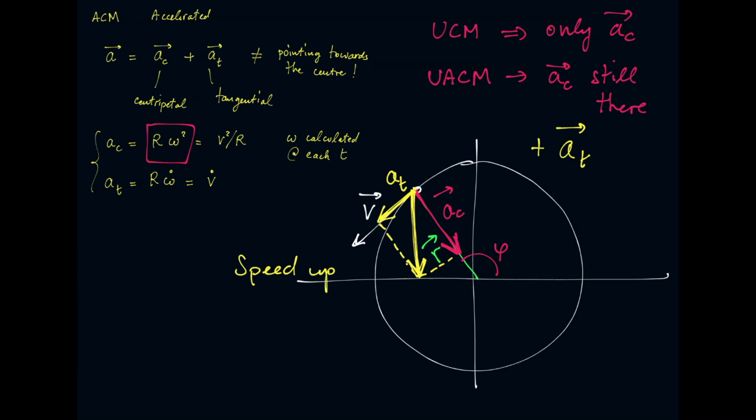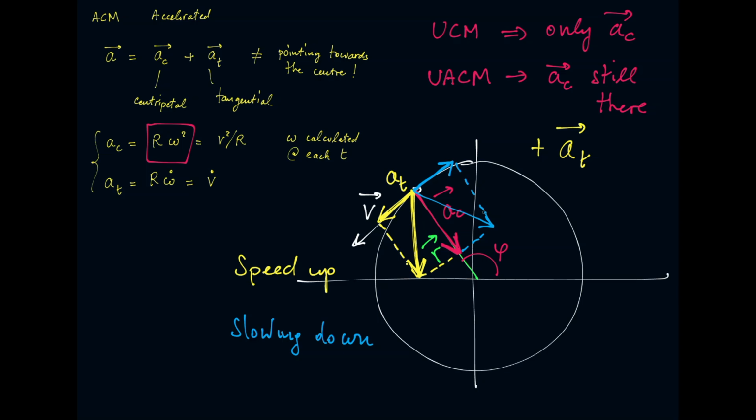In blue, if you're slowing down, then you'll have a tangential acceleration in the opposite direction as v, and so the acceleration vector will be somewhere in this direction. Notice how the centripetal acceleration is still there, always the same amount, and it doesn't matter if you're accelerating or not.